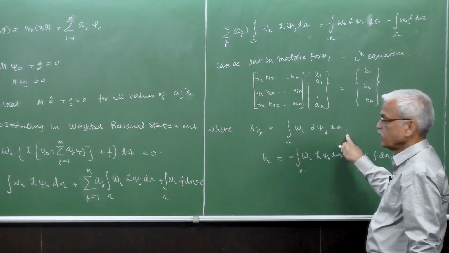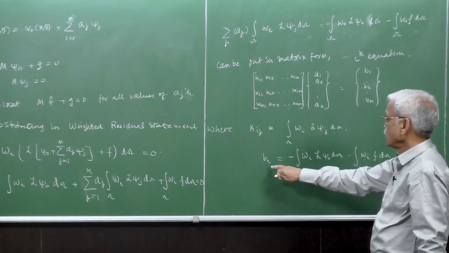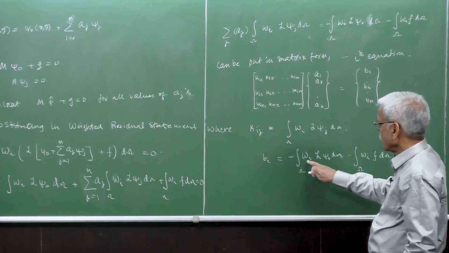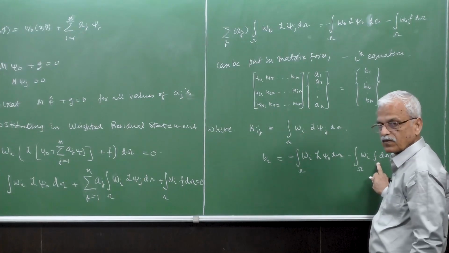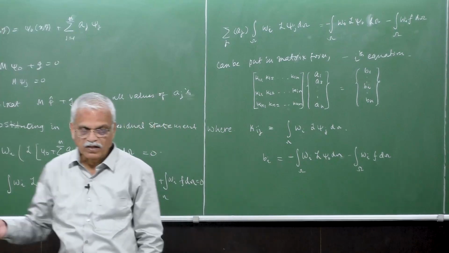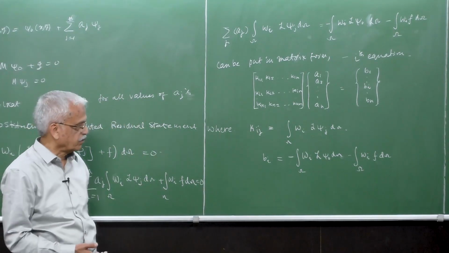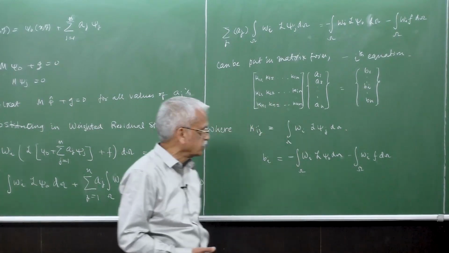And so this will be giving you the value Kij, whereas Bi is again a value which depends upon Wi and psi naught here, Wi and F, which is of course the heat generation in the body, or it has many other connotations. Whereas in the case of membrane, which we are going to take up later, it might even be the load.